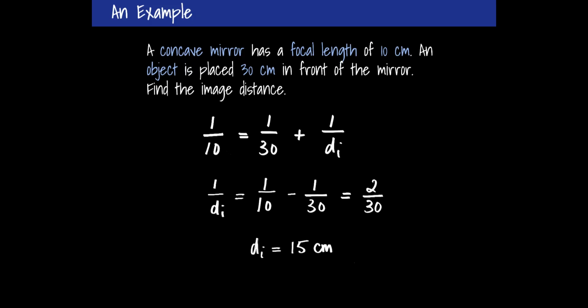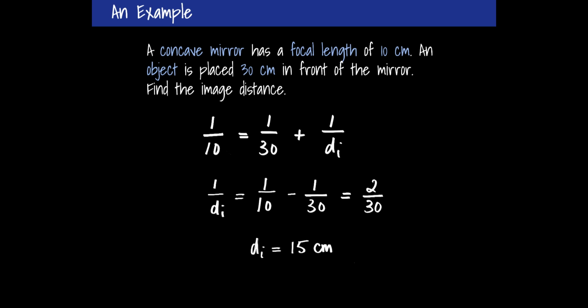I can see on my rapid-fire sketch that my image is going to be shorter than my object. Well, I calculate that by the image distance divided by the object distance, which is 15 divided by 30, which is less than 1. My magnification is less than 1, smaller. But the equation for magnification says the negative of the distance to the image divided by the distance of the object.